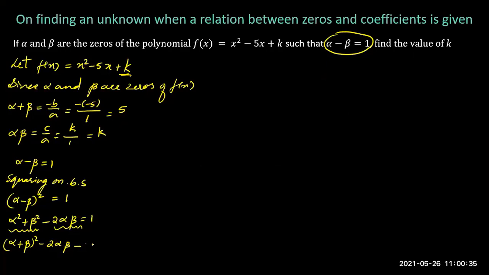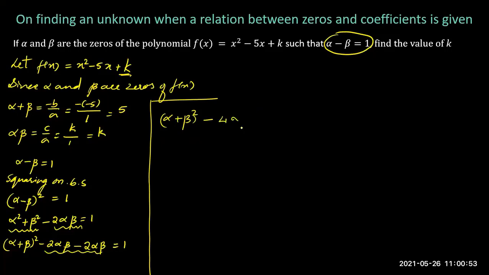Okay, this is 2 alpha beta is equal to 1. So then it will become alpha plus beta whole square as it is, minus 4 times alpha beta equal to 1. Alpha plus beta is 5, squared, minus 4 times alpha beta, which is k, is equal to 1.